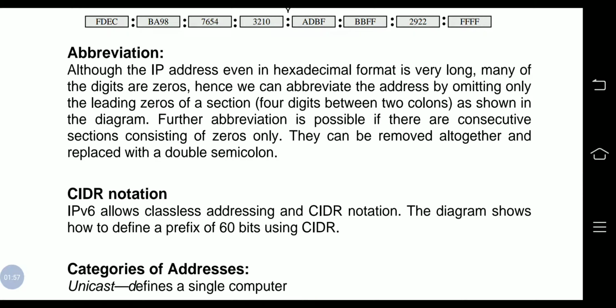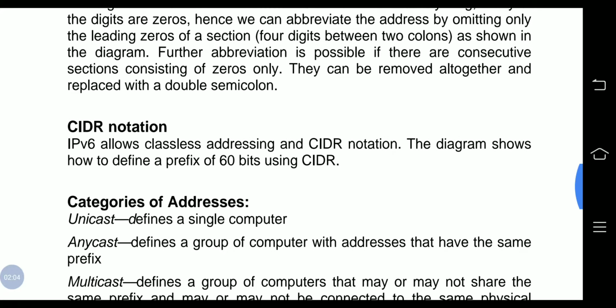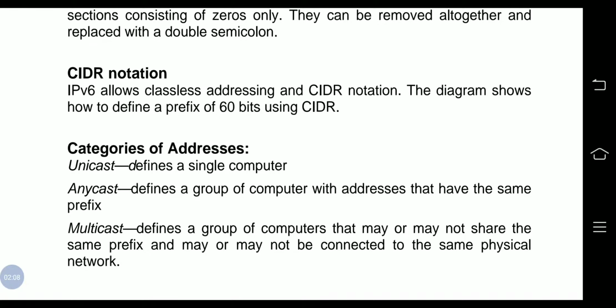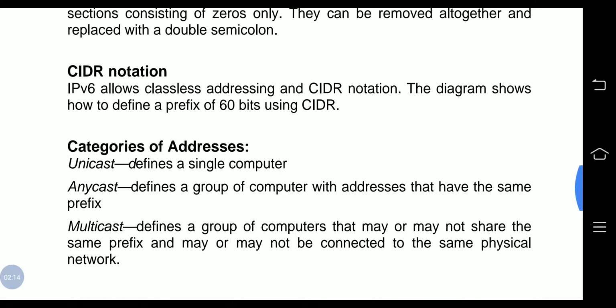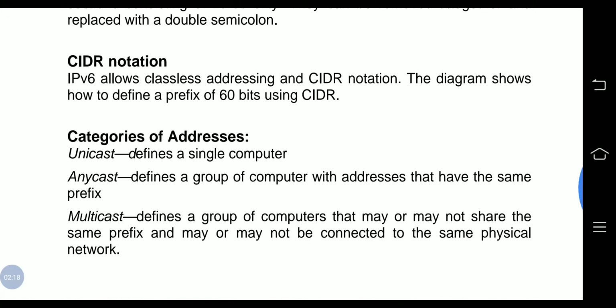Also, there is the use of CIDR notation, and there are three categories of addresses that can be used with IPv6. Unicast defines a single computer, when there is communication between two single machines.